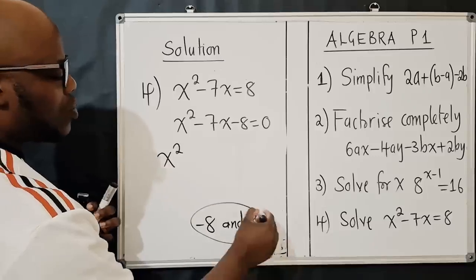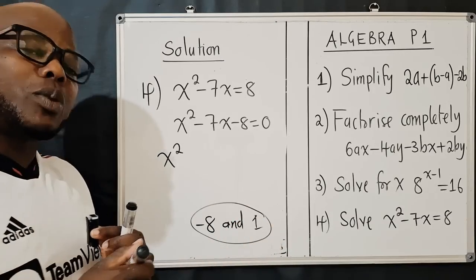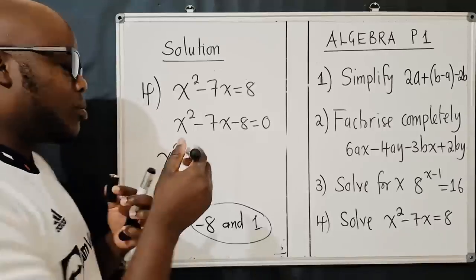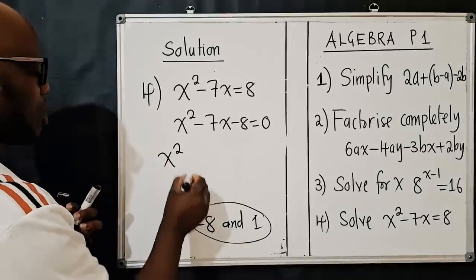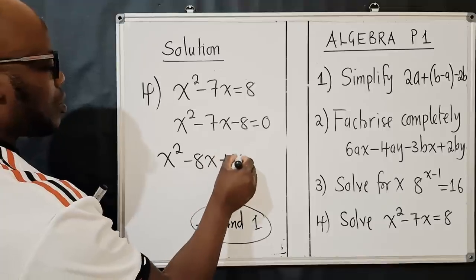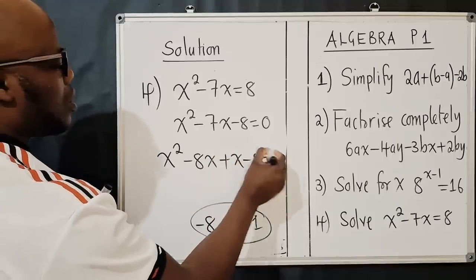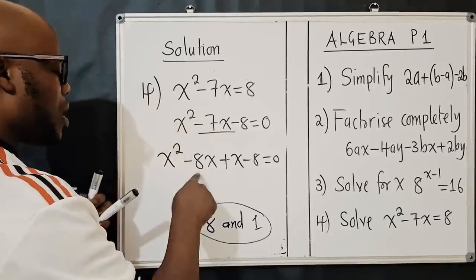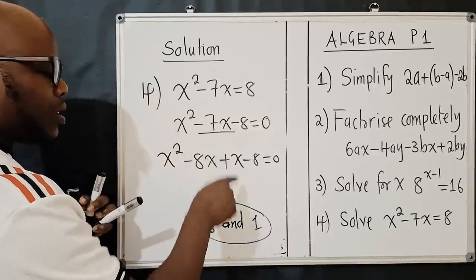So these are the two numbers such that when we multiply them, they give us negative 8, and when we add them, they give us negative 7. So we shall write them here. In place of negative 7x, we write those two numbers. They will move with x.